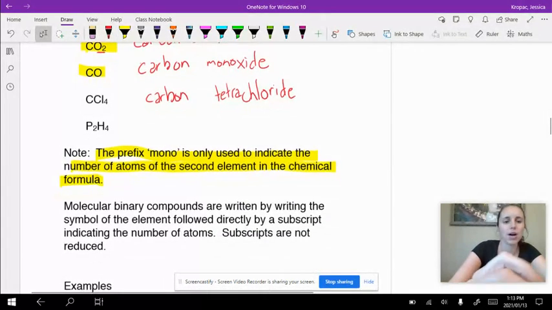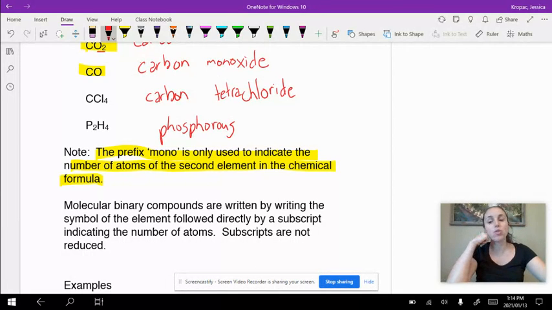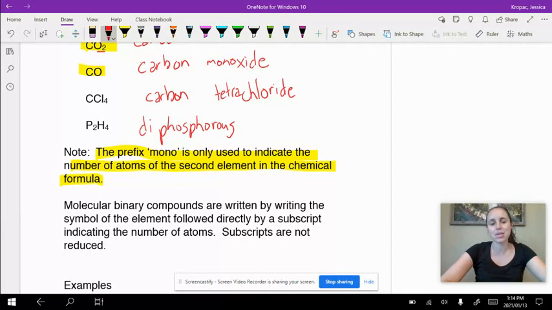So P stands for phosphorus. So I'm going to go ahead and write phosphorus. How many do I have? I have 2. So remember, mono only doesn't count for the first one. Everything else counts for the first one. So here I would want to include the word di, di meaning 2. So diphosphorus. And then my next element is hydrogen.